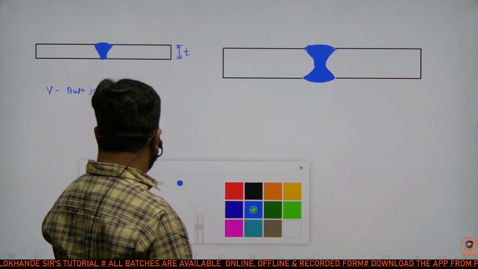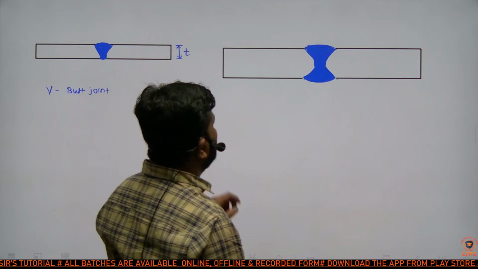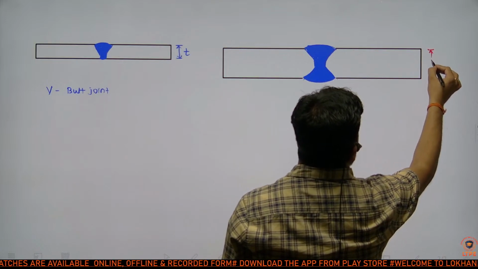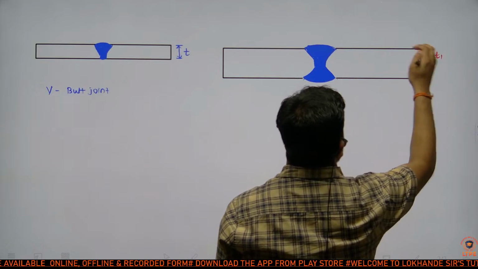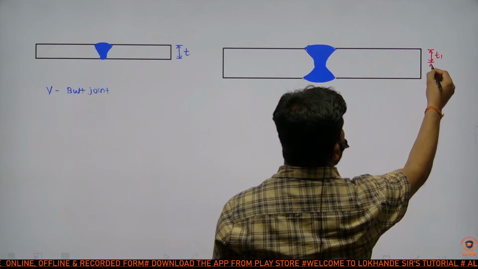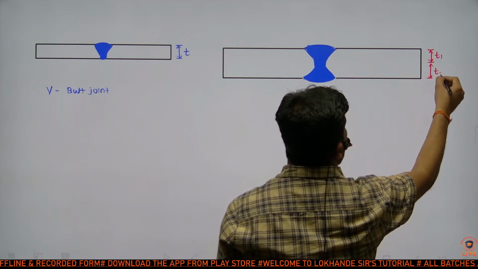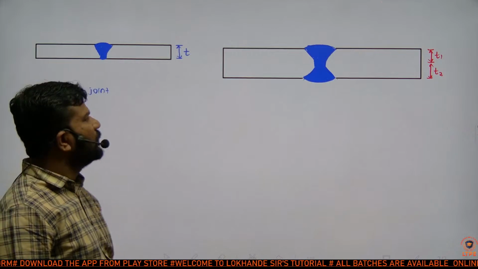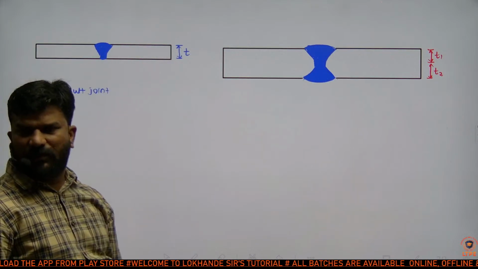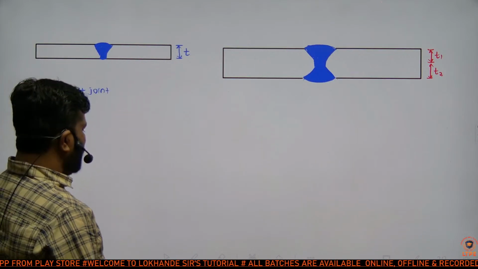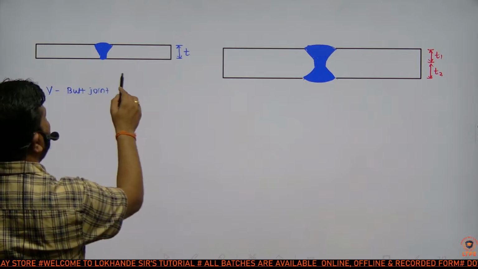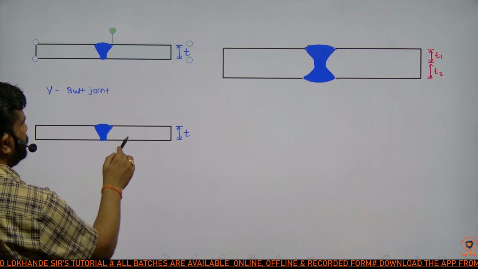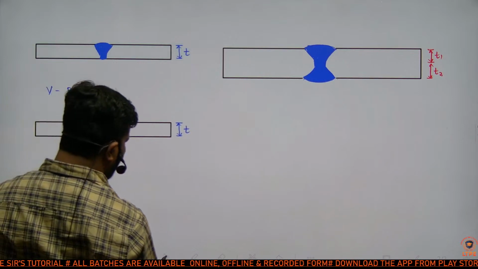This is T1 thickness and this is called T2. T1 plus T2 is the total thickness of the plate. Here T is the thickness of the plate. So length of the weld is visible in which view? Top view.